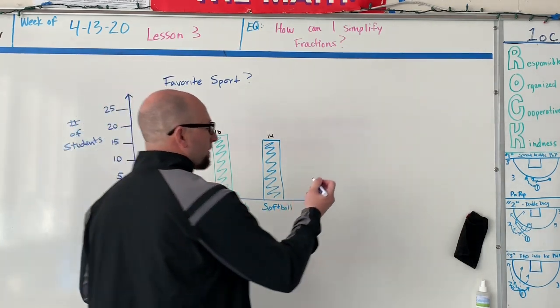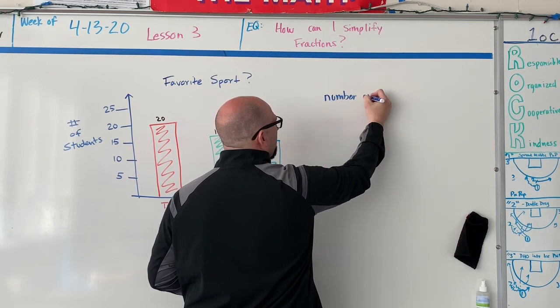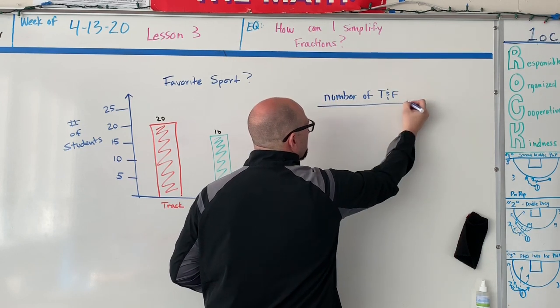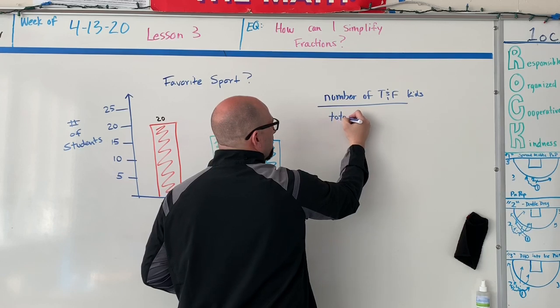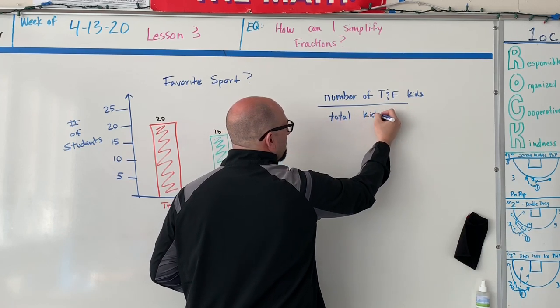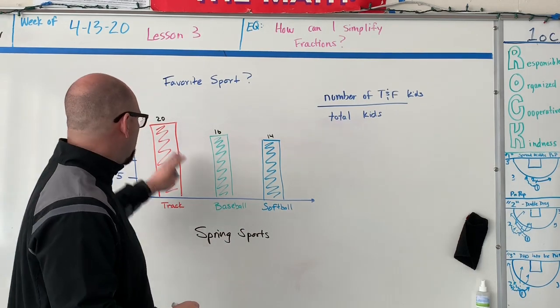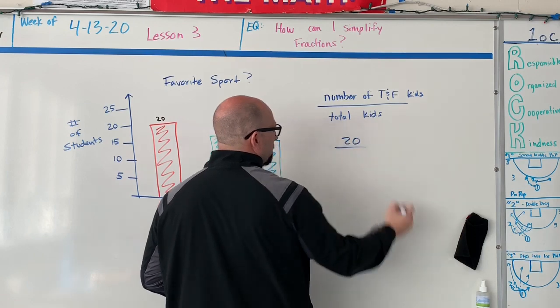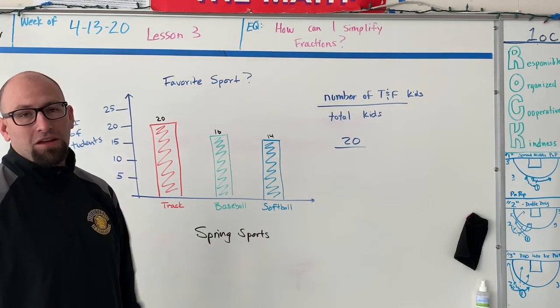So we're going to find the number of track and field kids over the total kids. Okay, so we know what the numerator is going to be. There's 20 kids that chose track and field on the numerator. Now we have to find the denominator, and what we do is add up all the kids and figure out what the denominator is.